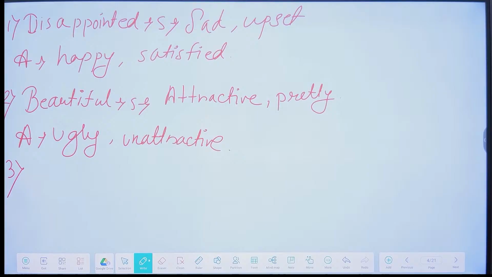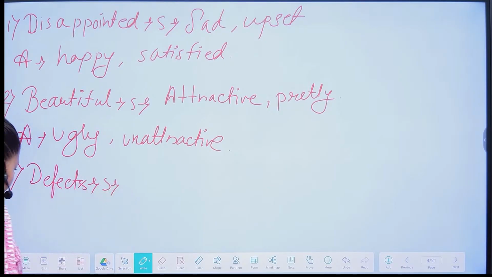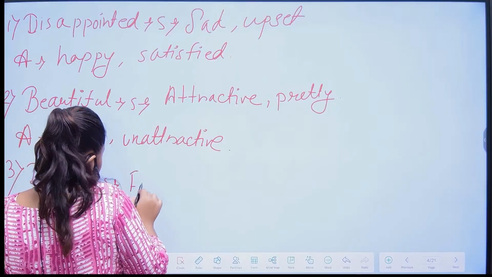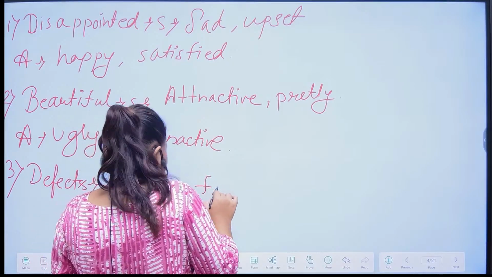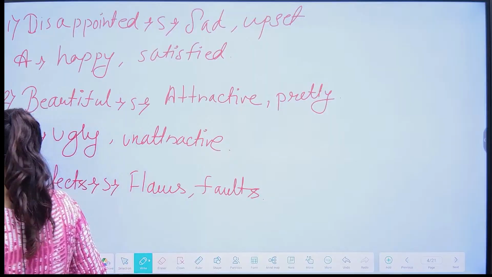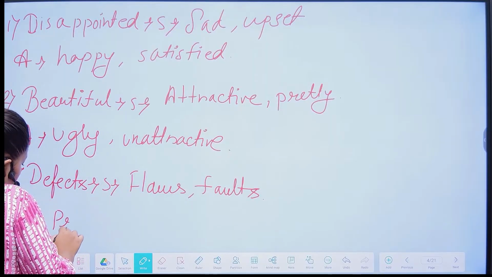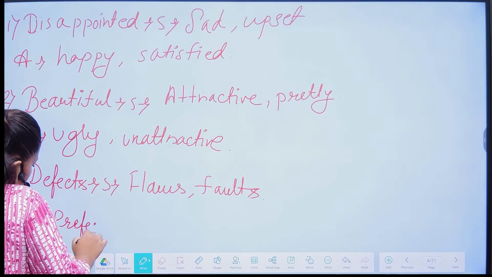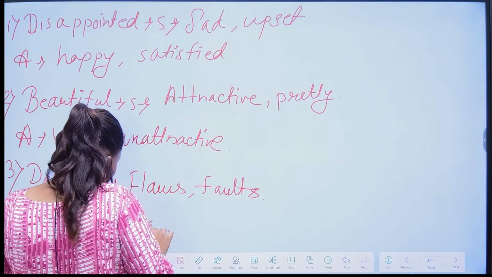Next word is defects. The synonyms of defects are flaws and faults. Now the antonyms of defects are perfection and qualities.